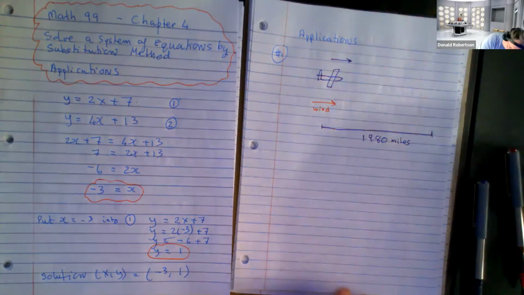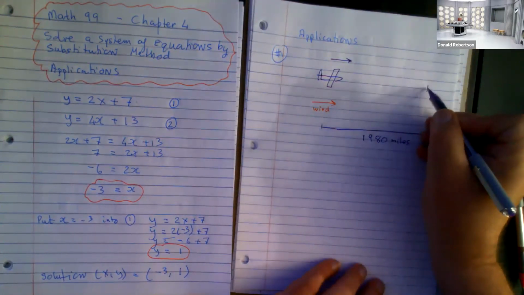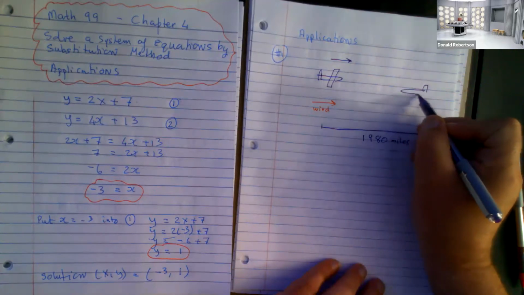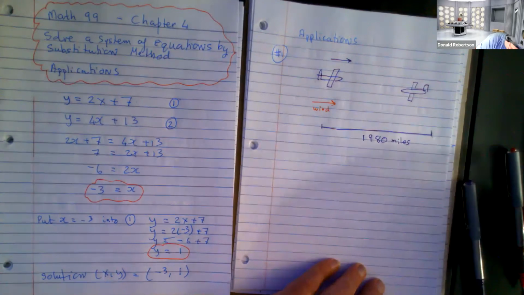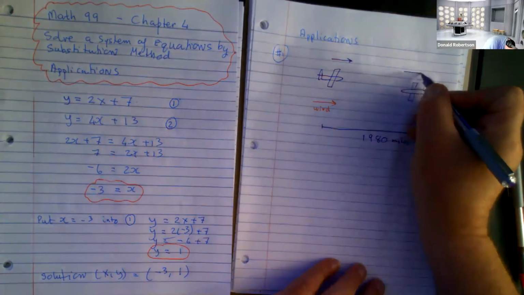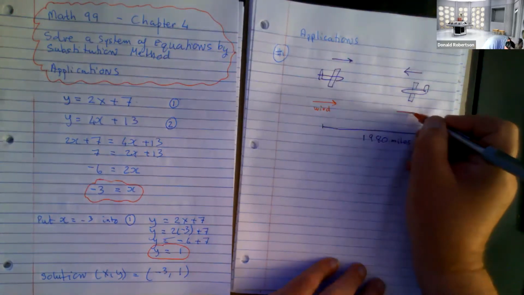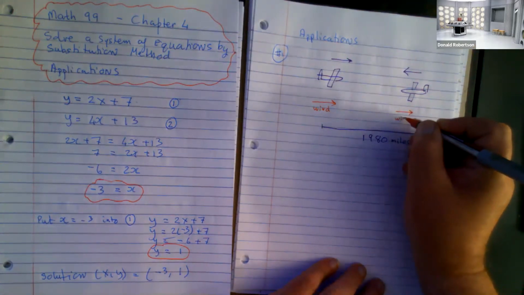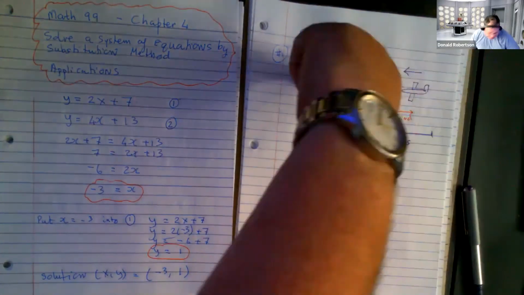Now, when it flies back the way, this way, it's flying against the wind. So obviously going this way is going to be much quicker than coming back.